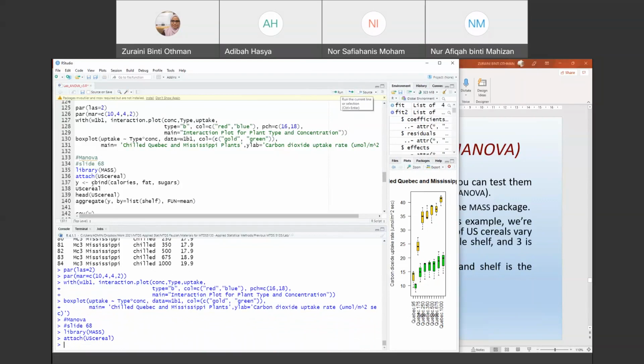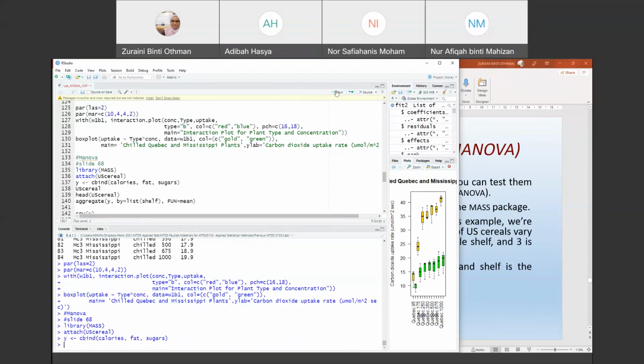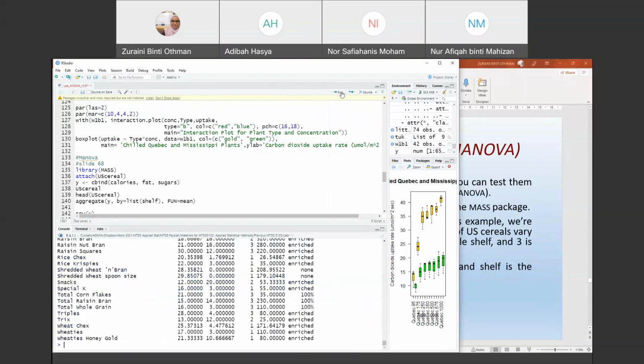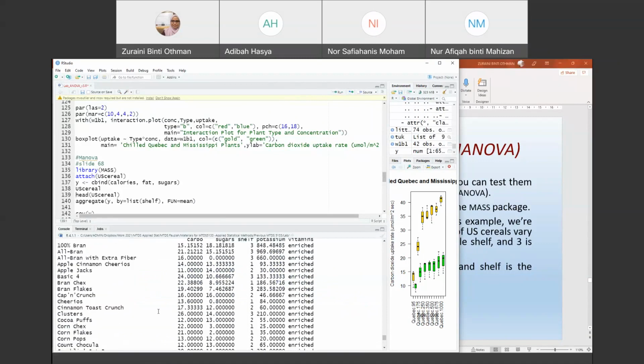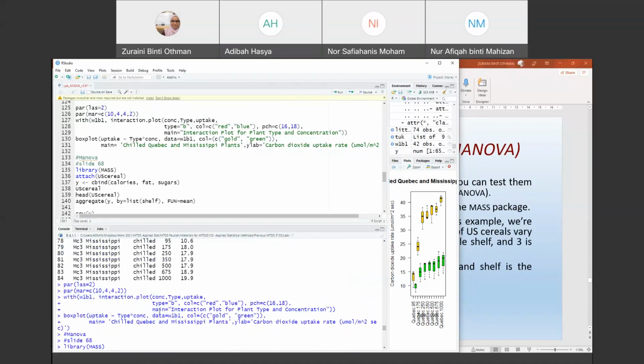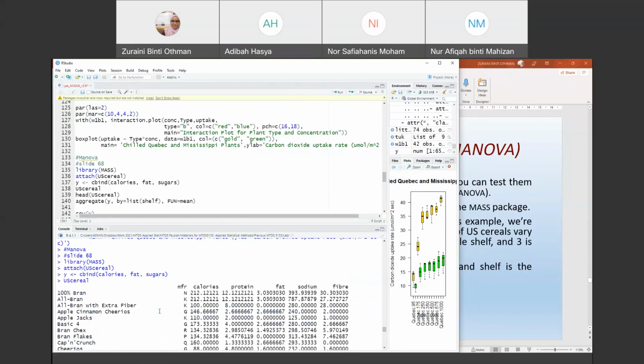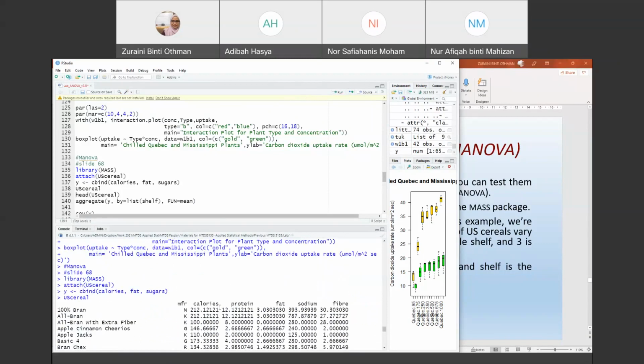Then, okay, this is cbind because we are using the 3 dependents: calories, fat and sugar. Okay. Then, okay, if we want to look at our US cereal data, you see? This is the data, which has calories here, fat and, okay. This is the data.